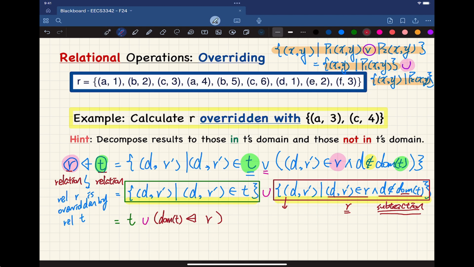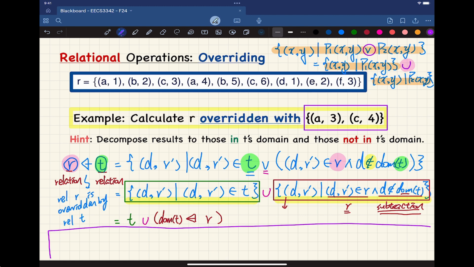So let's take a look at this example here. Let's do this one. I'll make some space. There we go.